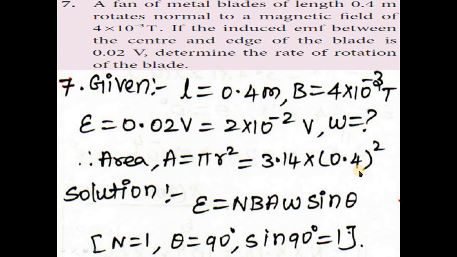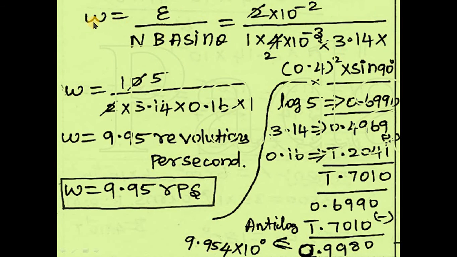Rearranging this equation, omega is equal to epsilon divided by NBA sin theta. Substituting the known values: 2 into 10 power minus 2 divided by 1 into number of turns 1 into magnetic field 4 into 10 power minus 3 into area 3.14 into 0.4 the whole square into sin 90 degree.